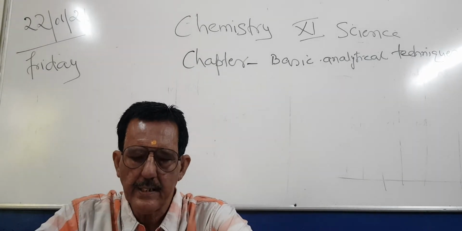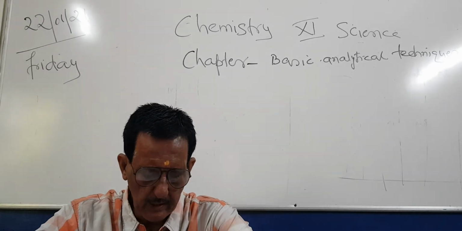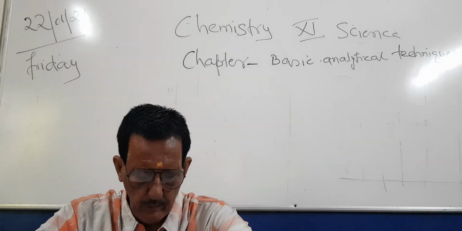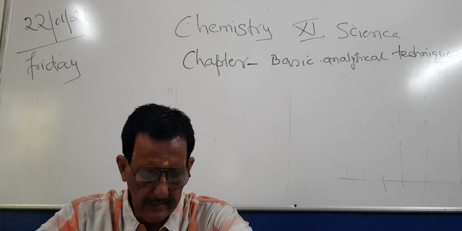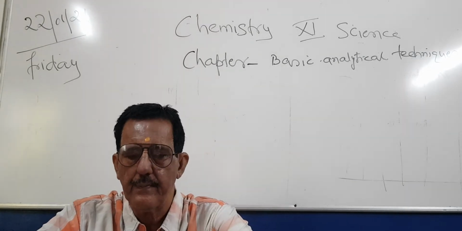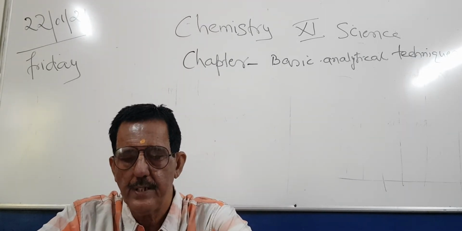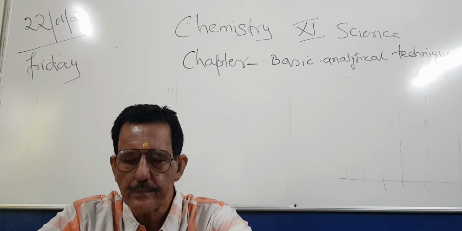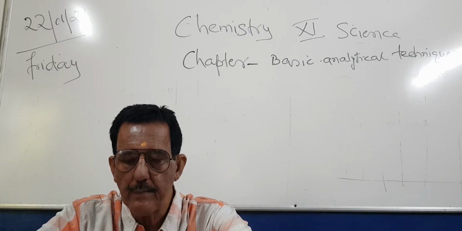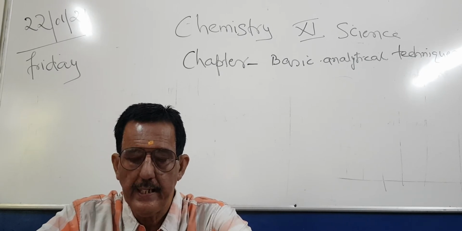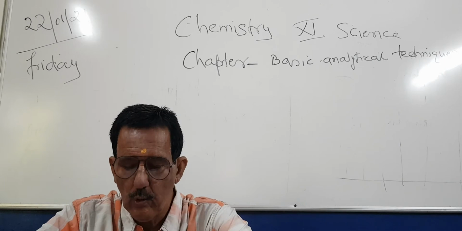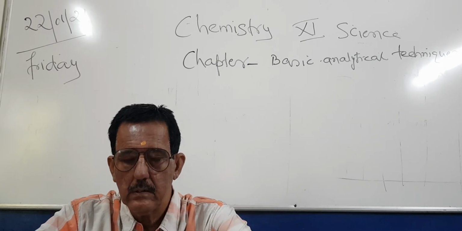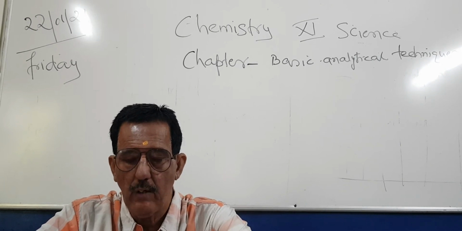Now we discuss thin layer chromatography. Thin layer chromatography, TLC, is another type of adsorption chromatography. It involves separation of a mixture over a thin layer of adsorbent coated on a glass plate. A thin layer, 0.2 mm thick, of adsorbent silica gel or alumina is spread over a glass plate of a suitable size.